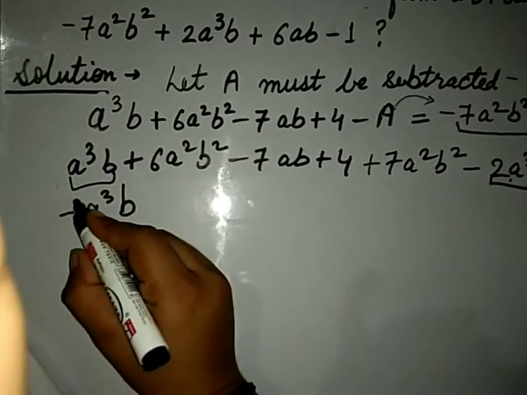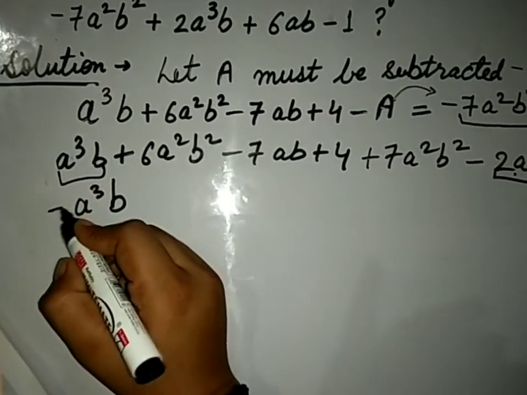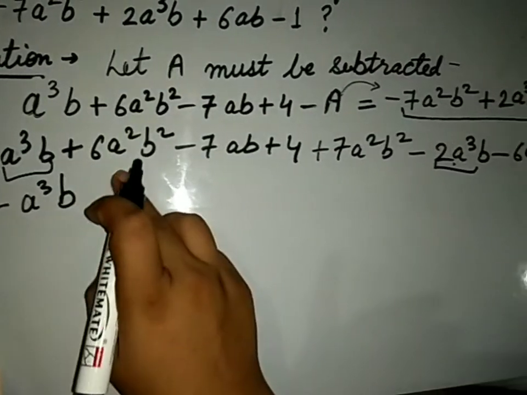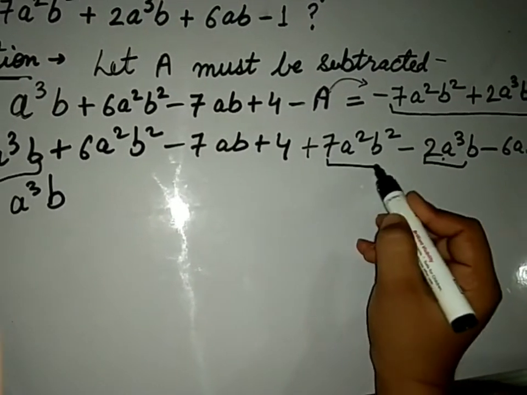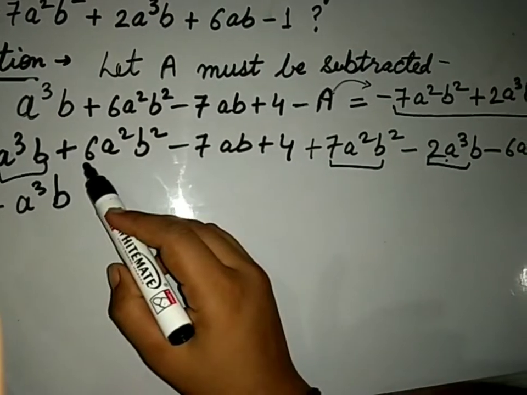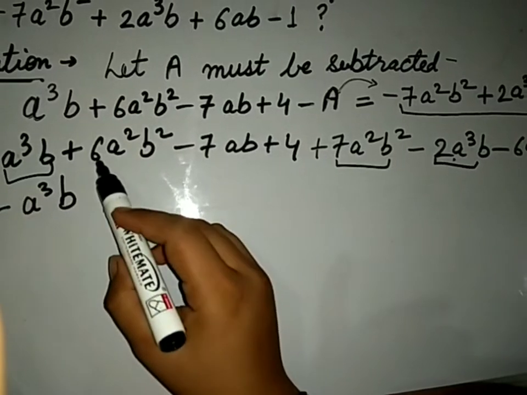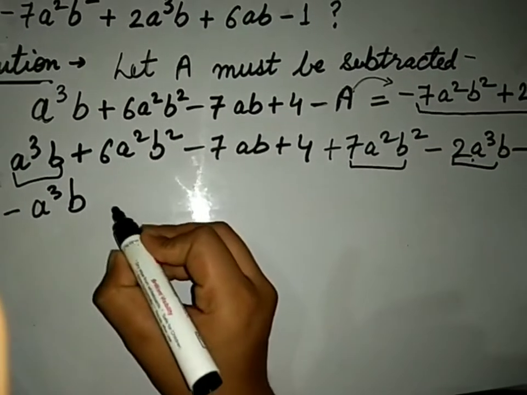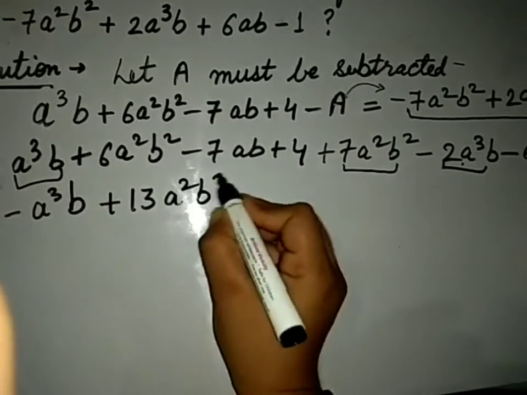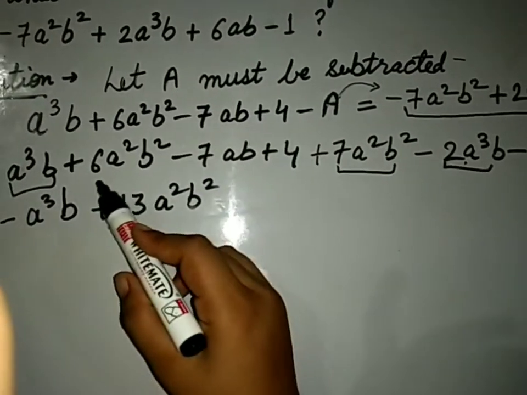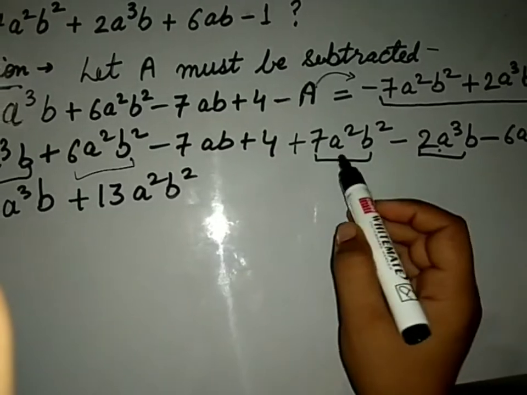Please don't show here the 1 coefficient. Next, 6a square b square, there is also an a square b square term, so both are positive terms. So we will add 6 plus 7, 13, plus 13a square b square. Then we have solved these terms.